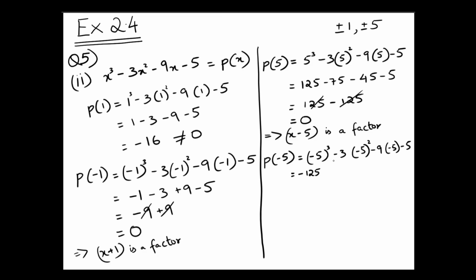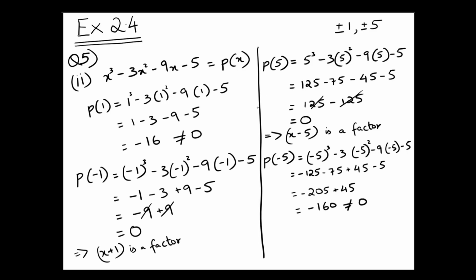This is equal to minus 125 minus 75 plus 9 5s are 45 minus 5. Here the negative terms add up to minus 205 plus 45, which is equal to minus 160, not equal to 0.